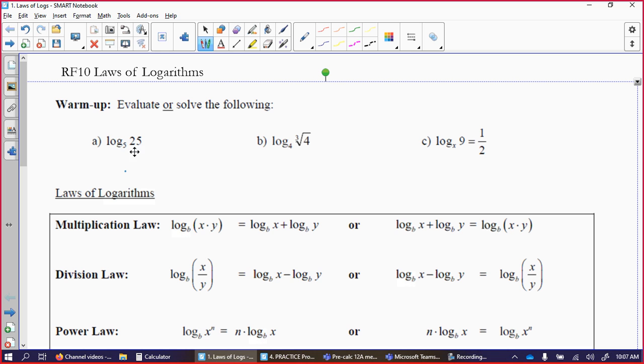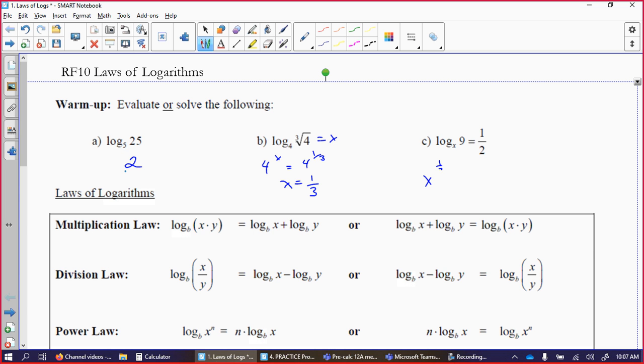Log base 5 of 25 is 2. Oh, log base 4 of the cube root of 4. 4 to the x equals 4. Well, if it's a cube root, to the 1/3, x is 1/3.